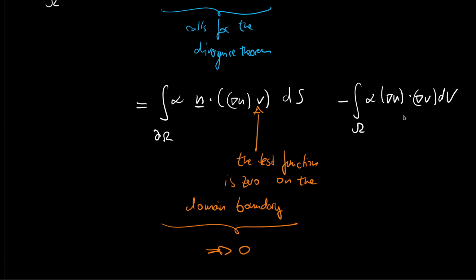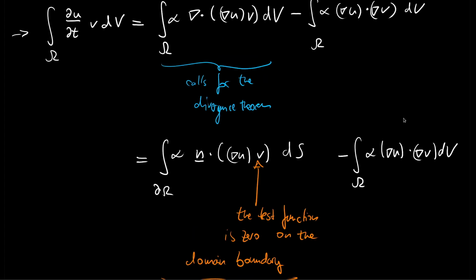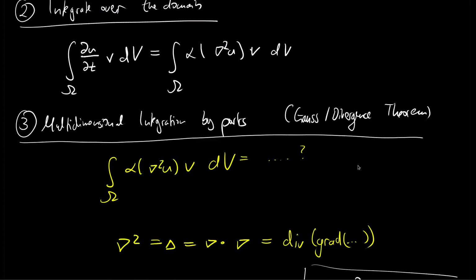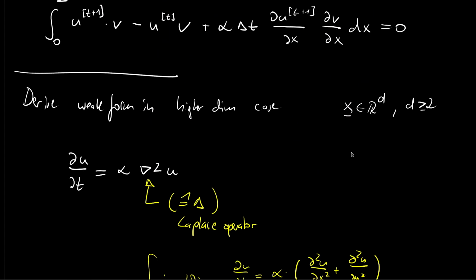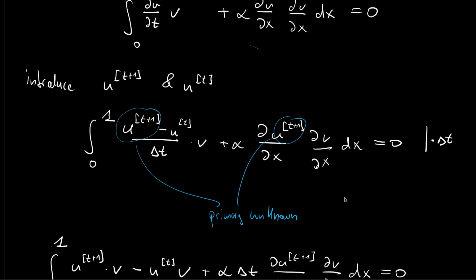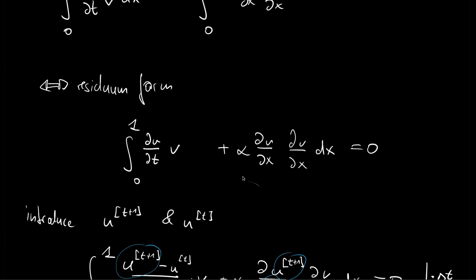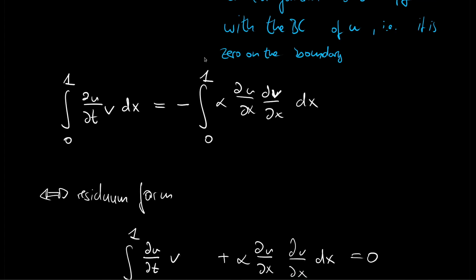And isn't that cool that this right integral looks somehow close to what we found in 1 dimension? So in 1 dimension, where was it again? So here, yeah, here it is. There we had an integral, so I mean here we moved it already to the left-hand side. Maybe let's use this one here. And here we had the first derivative of u with respect to x times the first derivative of v with respect to x.